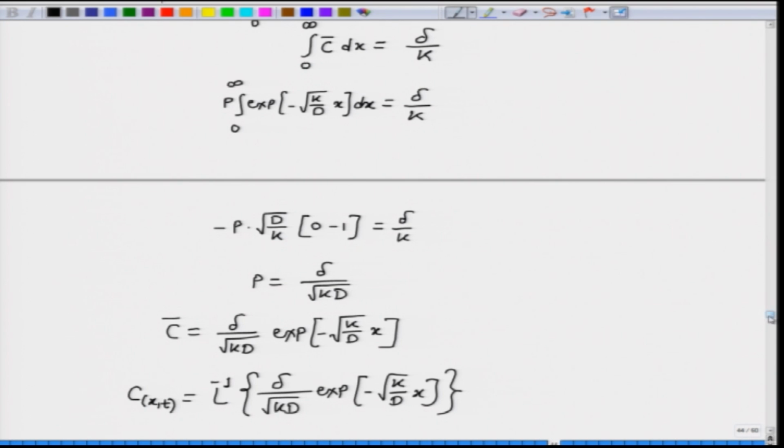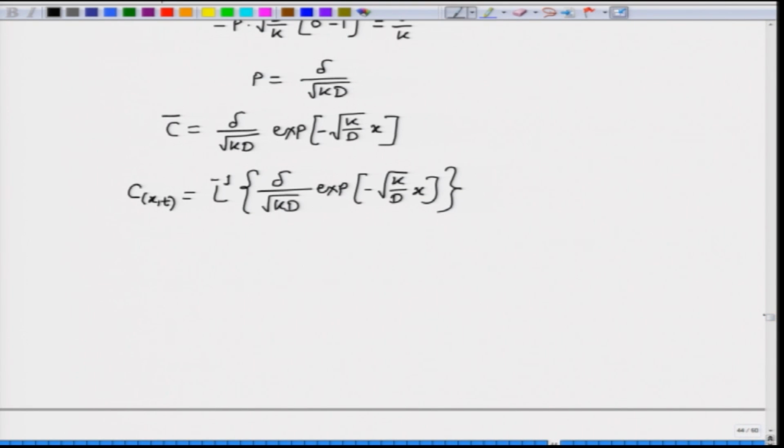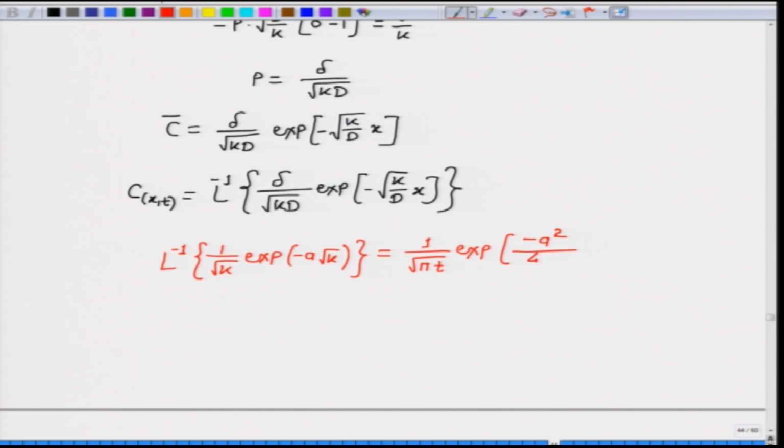Now, we have studied before, L inverse of 1 by root k exponential minus a root k should be equal to 1 by root pi t exponential minus a square by 4 t, where a is a constant.